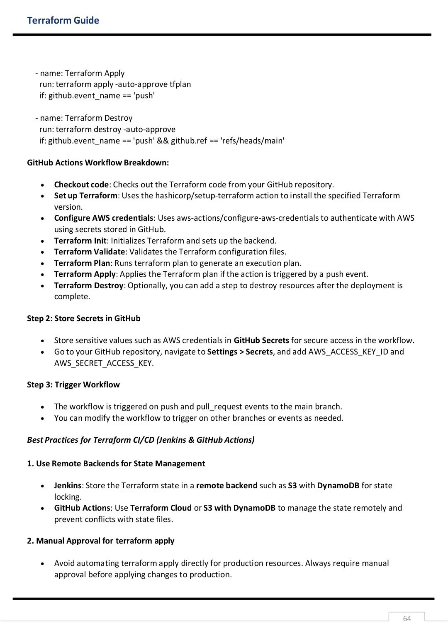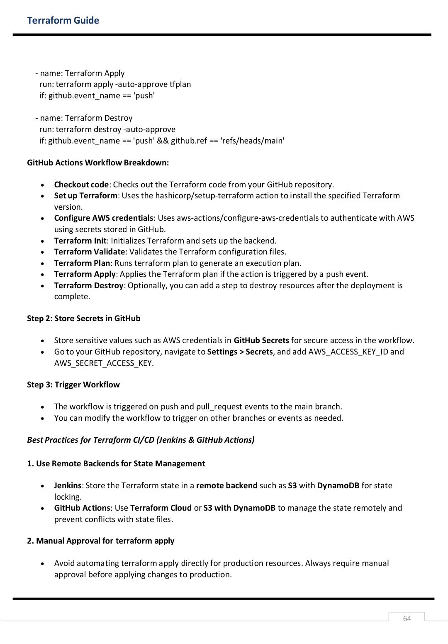Terraform init initializes Terraform and sets up the backend. Terraform validate validates the Terraform configuration files. Terraform plan runs Terraform plan to generate an execution plan. Terraform apply applies the Terraform plan if the action is triggered by a push event. Terraform destroy. Optionally, you can add a step to destroy resources after the deployment is complete.